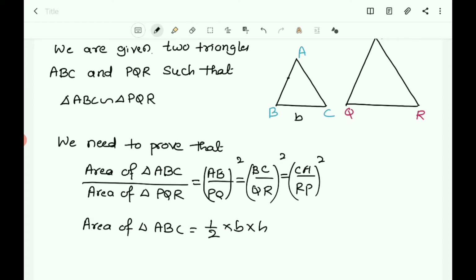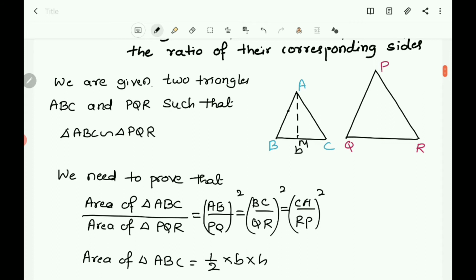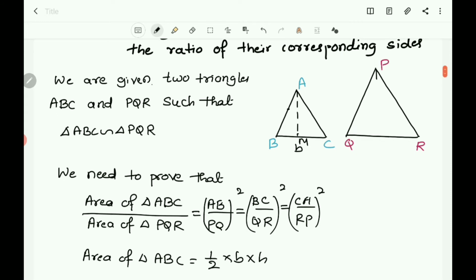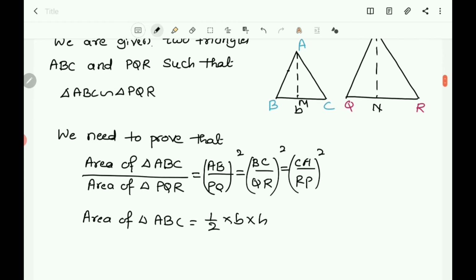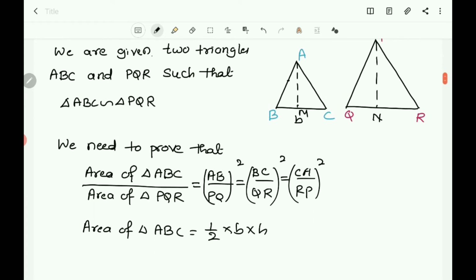So you take the altitudes for the triangles: let AM be the altitude for triangle ABC, and for triangle PQR let PN be the altitude.